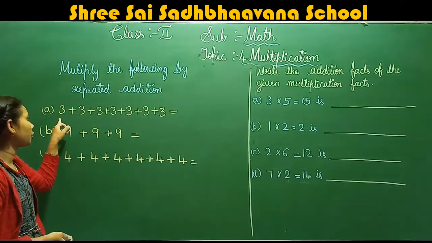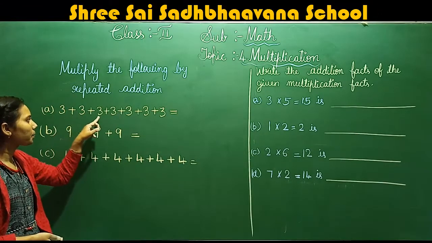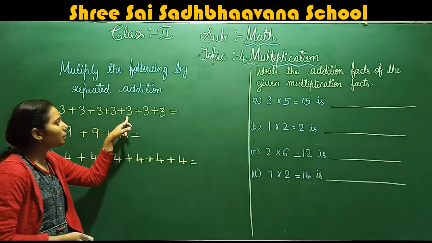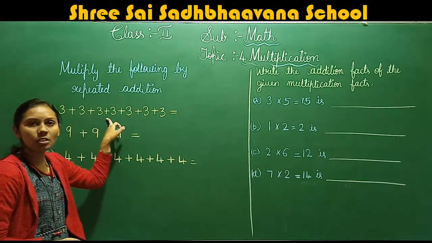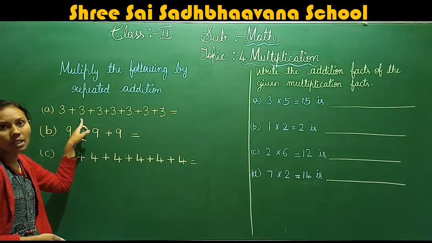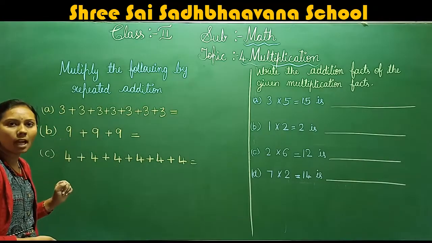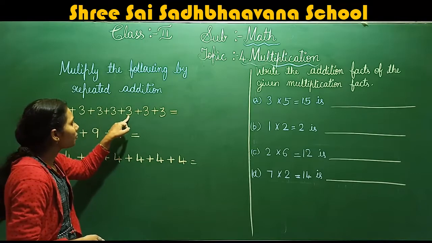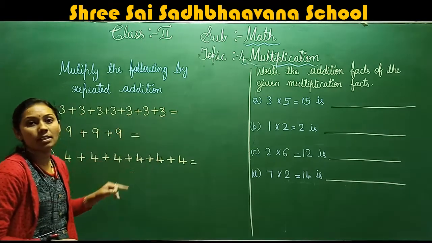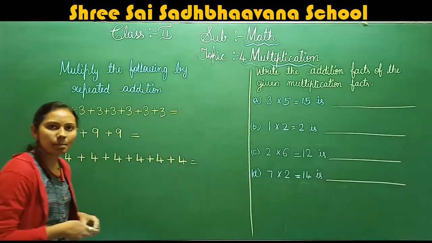Okay, see the first question, 3 plus 3 plus 3 plus 3 plus 3 plus 3 plus 3. You can see the question, the same number 3 is repeating how many times? 1 time, 2 times, 3, 4, 5, 6, 7. 7 times. Which number is repeating here?